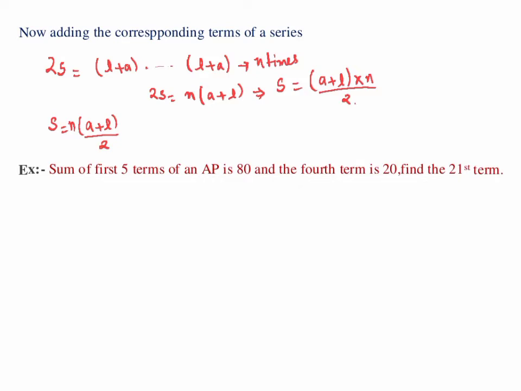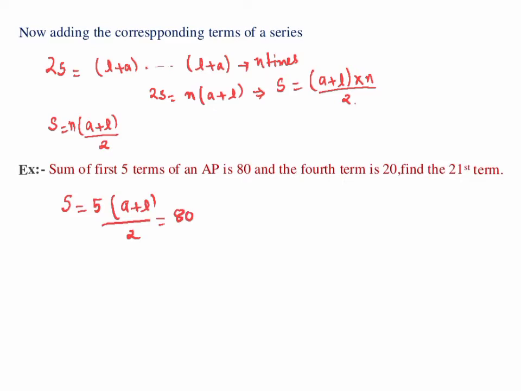Find the 21st term. So let us apply the formula. S for the first 5 terms will be 5 times (a plus L) by 2, that will be 80.